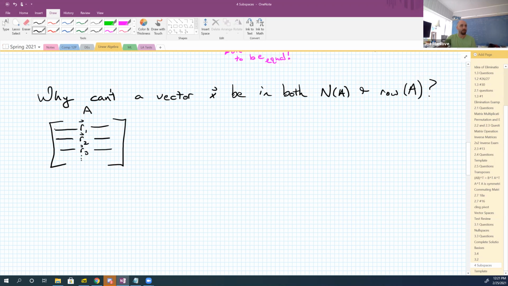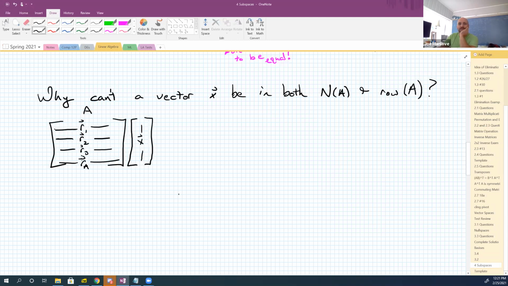Shouldn't have gotten ambitious and put 3. Let's see. How many rows does A have? N. M. Oh wait, it's M by N. So M. Perfect. Good. So there's M rows, and then I'm multiplying by a vector X, right? So I've got a column vector X like this.